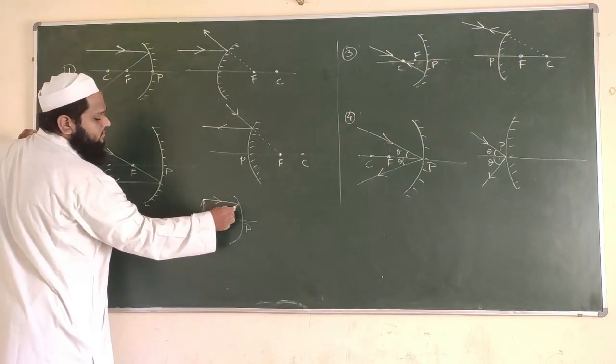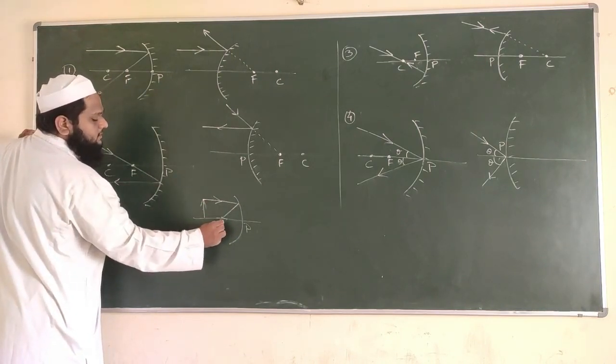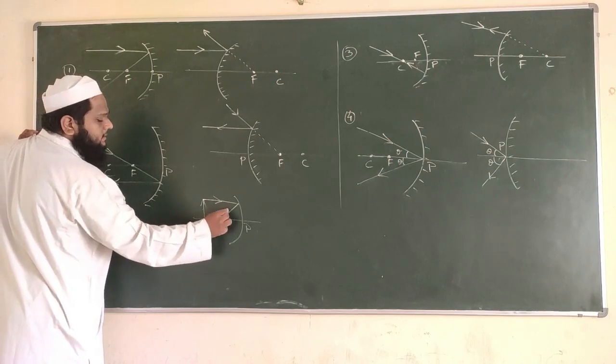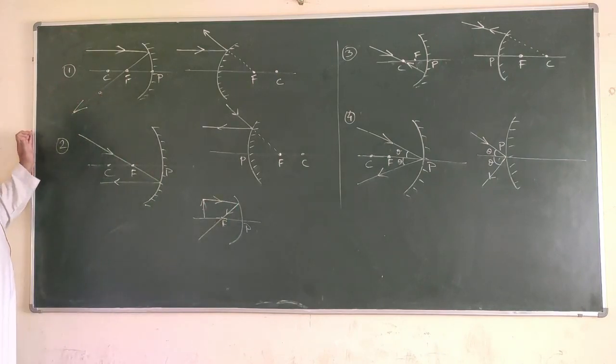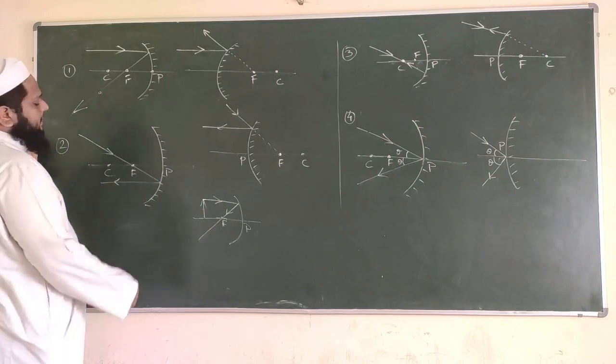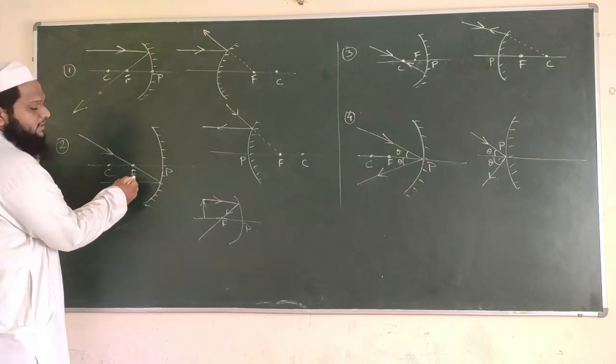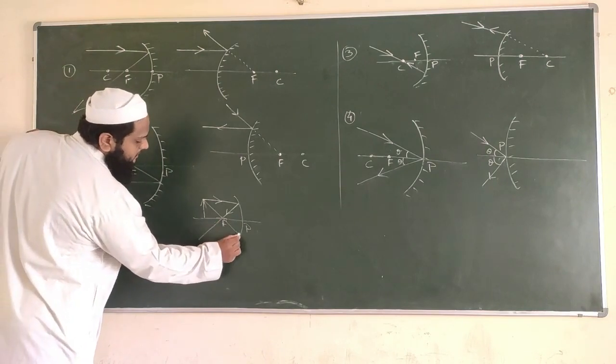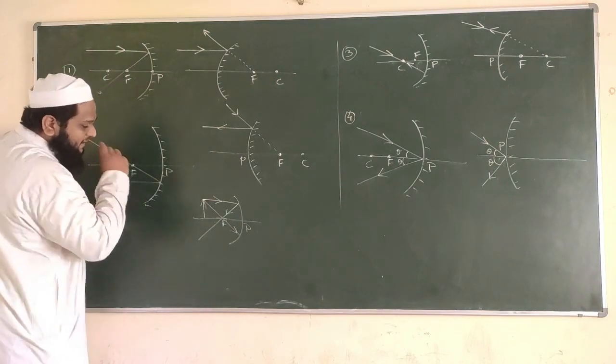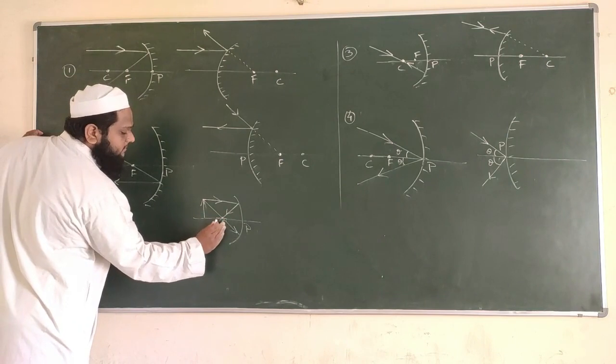It passes through the principal focus. Then let us apply another rule. If I apply the second rule, it passes through the principal focus. Now I have found the principal focus.